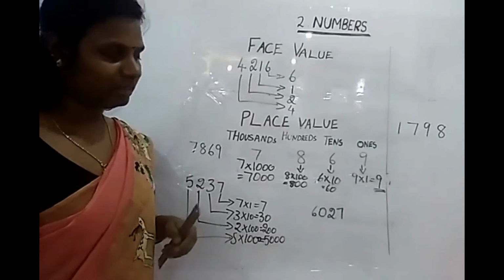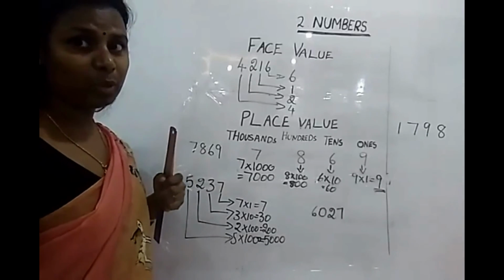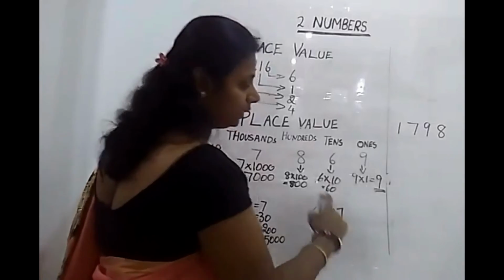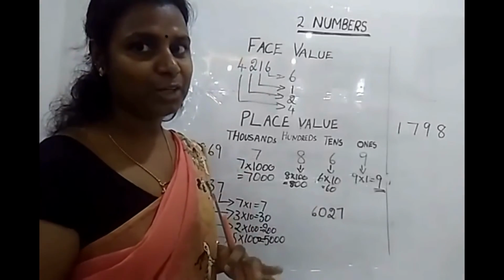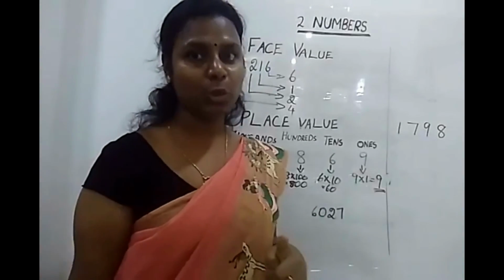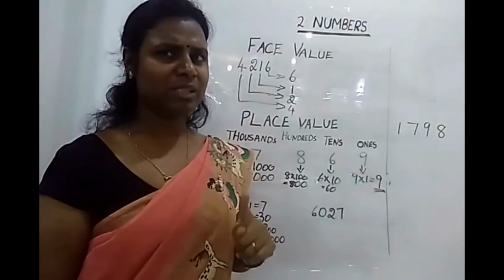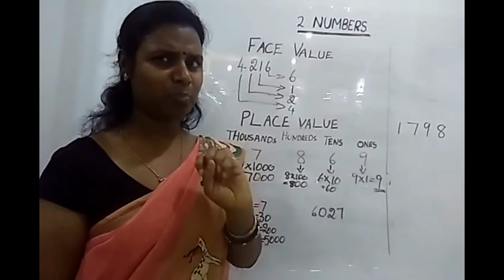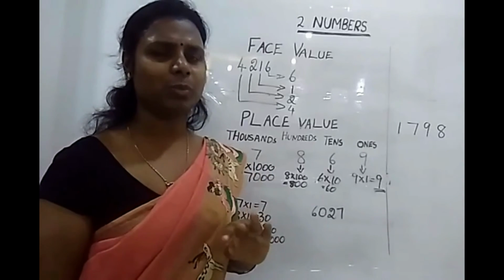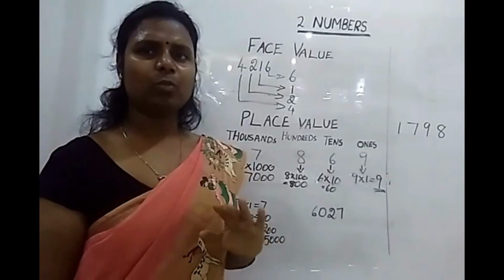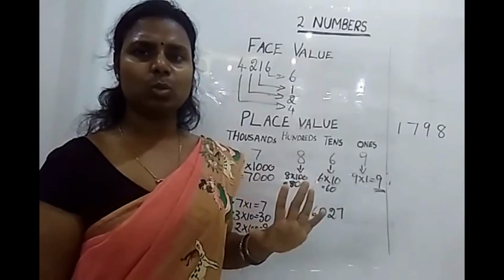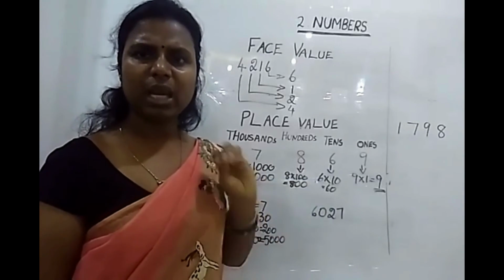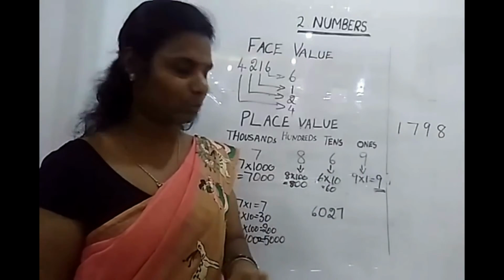Have you understood? Now, shall we take one more number? Now, 6,027. In hundreds place, there is 0. Always 0 has special character, isn't it? So, we have to pay special attention to 0. Whenever we multiply by 0, we get 0.